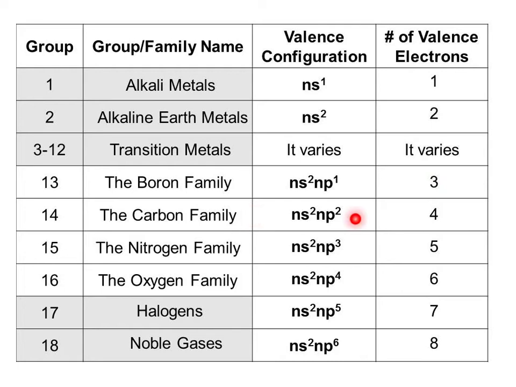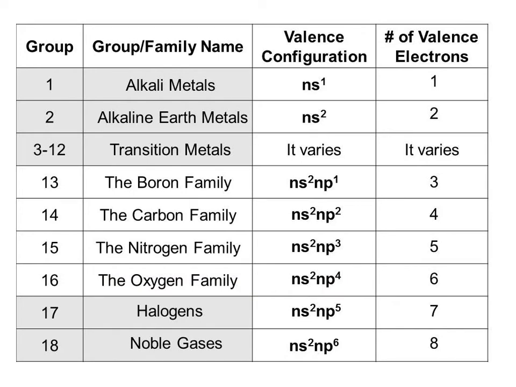It has an electron configuration of ns2 np2 and 4 valence electrons. Group 15 is the nitrogen family. It has a valence electron configuration of ns2 np3 and 5 valence electrons. Group 16 are known as the oxygen family. It has the electron configuration for the valence shell as ns2 np4 and 6 valence electrons.